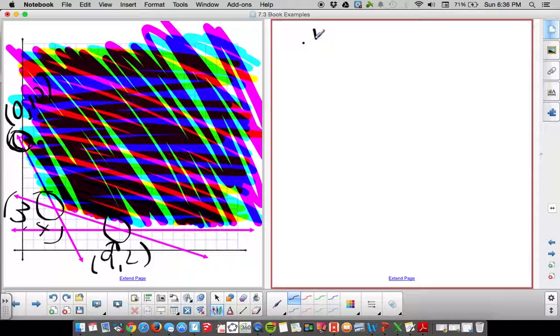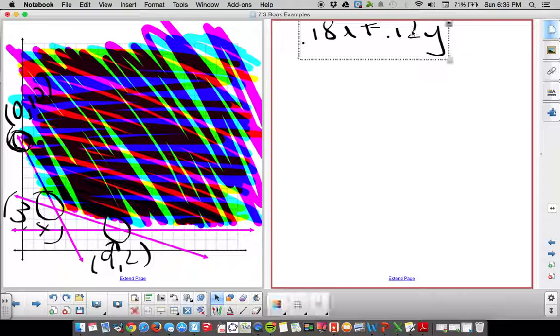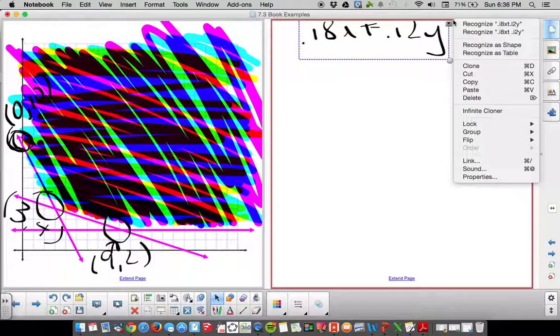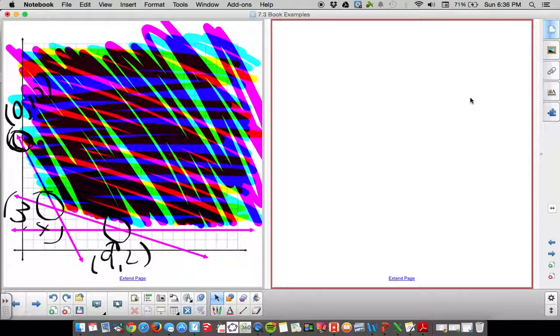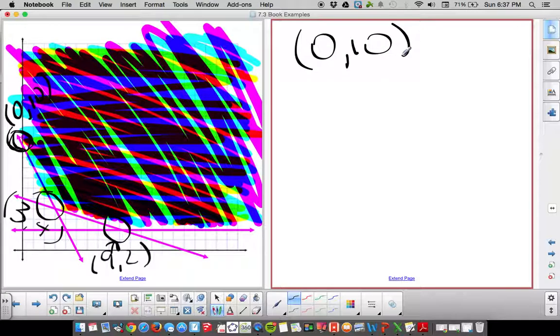So I'm going to plug in 0, 10. 0.18 times 0 is 0. 0.12 times 10 is 1.2. So the value at 0, 10 is $1.20.